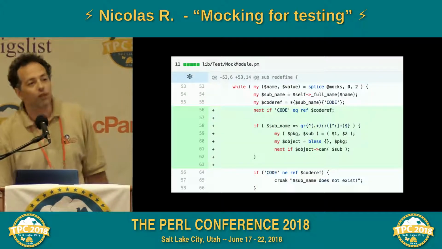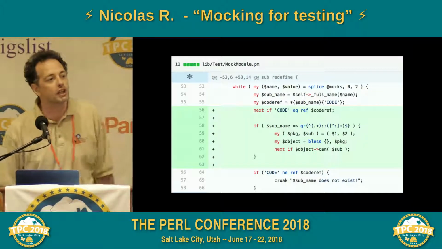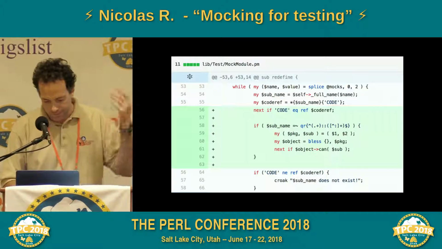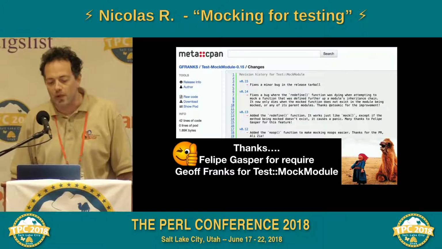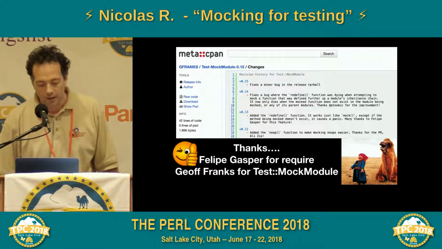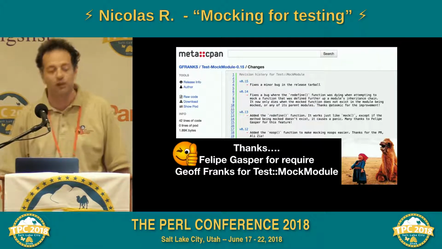So there's a fix for this. The fix was pretty simple. It's only 4 or 5 lines, just checking if you could call that function using the @ISA inheritance tree. This is now released. This is available since v0.14. Thanks to Felipe Gasper for introducing require to Test::MockModule, and Geoff Franks for maintaining it.